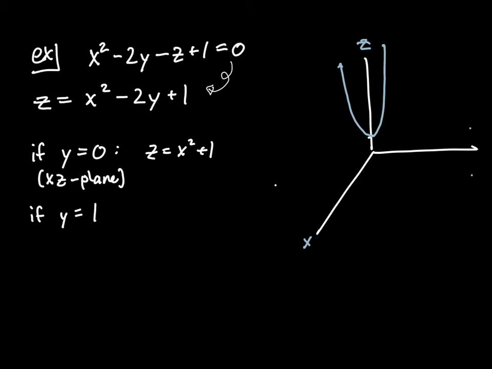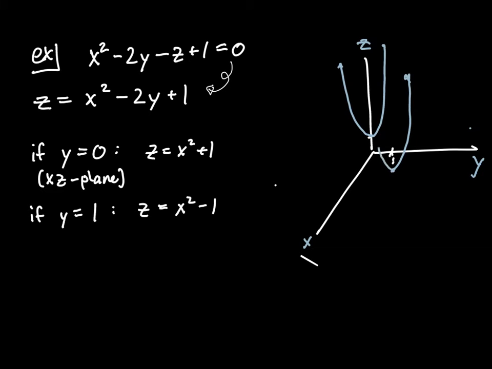Now when y is equal to 1, z is equal to x squared minus 1. Now we are taking into account the y minus 2y term. So if we go out 1 on the y-axis, then the graph gets shifted down by 2.